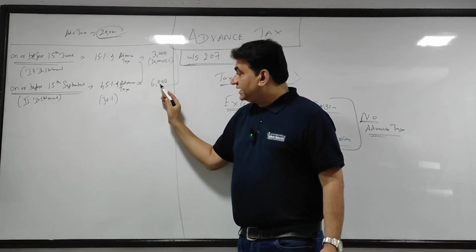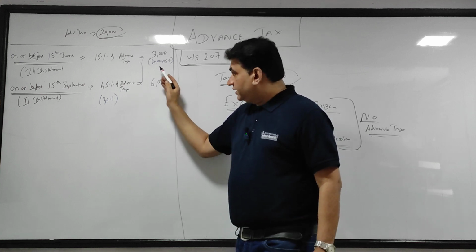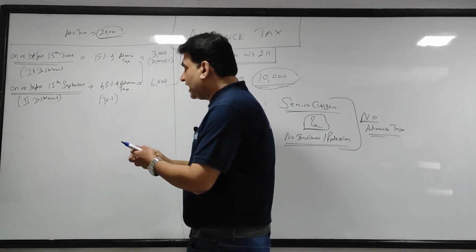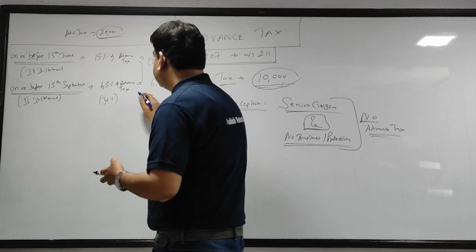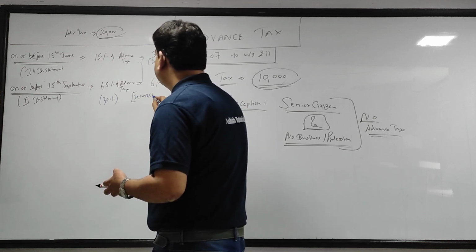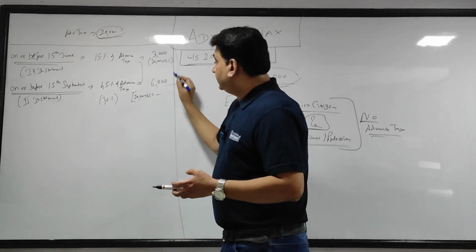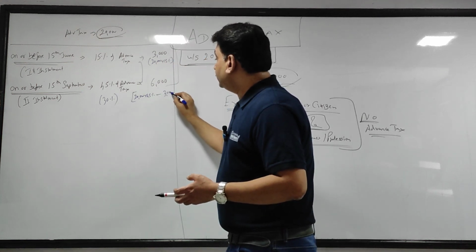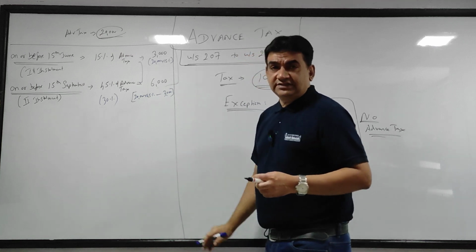20,000 का 45% कितना होगा? So the advance tax here will be, understand, 45% of the tax liability, that is 20,000 का 45%, 9,000. 9 में से ये 3 माइनस करो, that is 6.